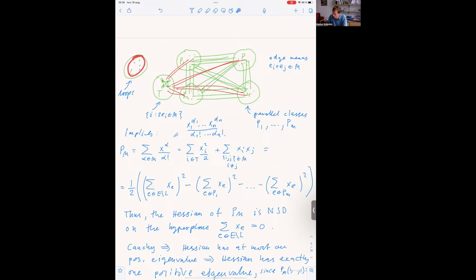We get nothing for the loops. And for the parallel classes, we get a monomial xi xj for all i, j.